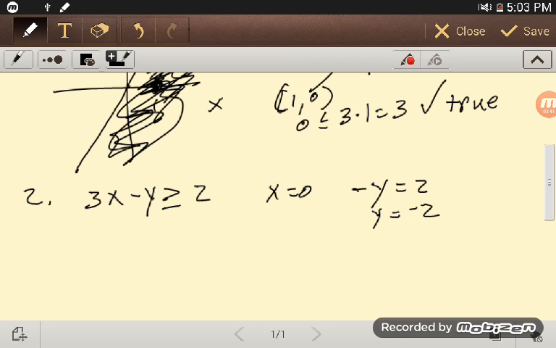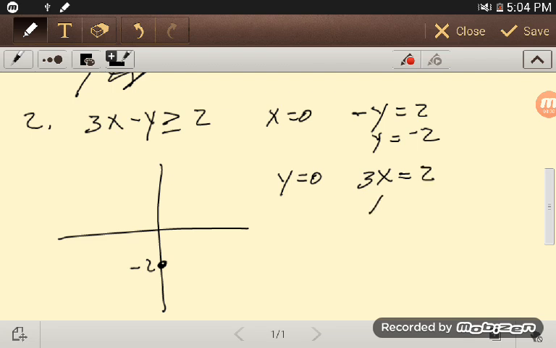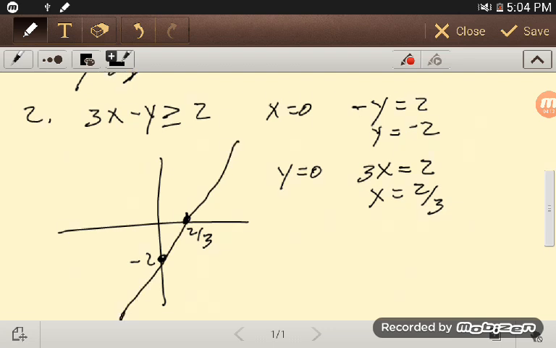So there's one point, (0, -2), down here somewhere. Then I could also try y equals 0, in which case I get 3x equals 2, so x equals 2/3. We'll put that right there at 2/3. And so there's my line.